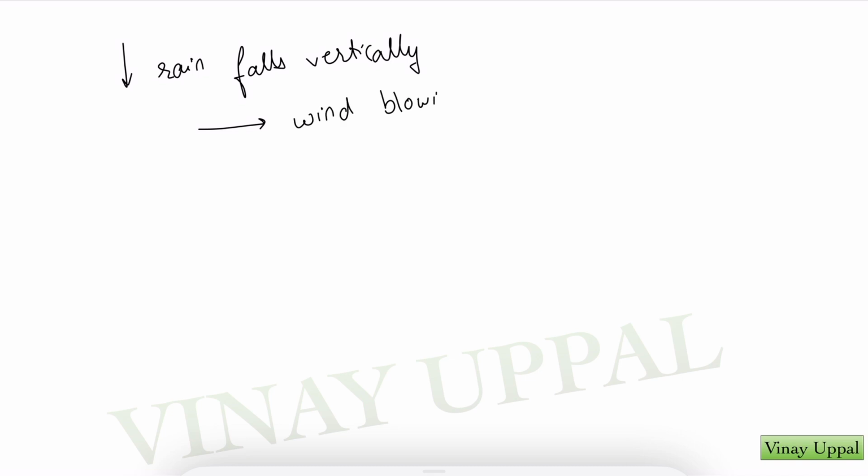So what usually happens is, suppose rain is falling vertically and you have wind blowing, let's say, to the right. So let's say rain is falling vertically with speed VR in the absence of wind.